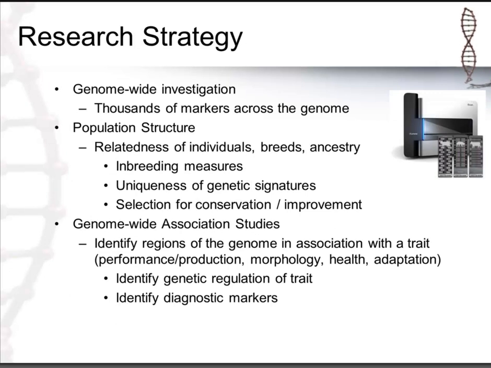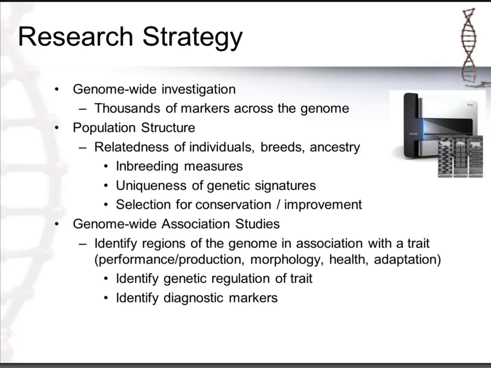So all of the projects that I showed you today really use this genome-wide investigation, and most of my research uses SNP chips, so I'm using thousands of markers across the genome. Whether I do trait association or I'm directly looking at population structure, I always do some of that background anyways to get a more appropriate data set for my research project, looking at the relatedness of individuals, including inbreeding, unique genetic signatures, or selection for conservation or improvement.